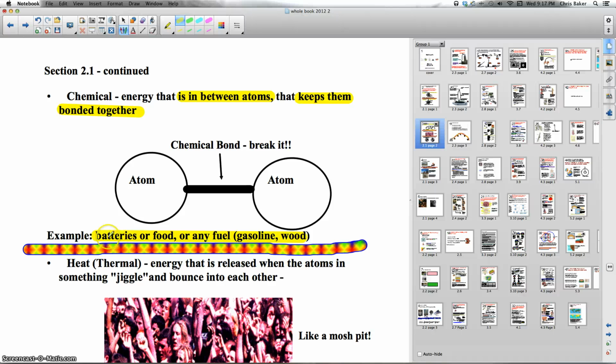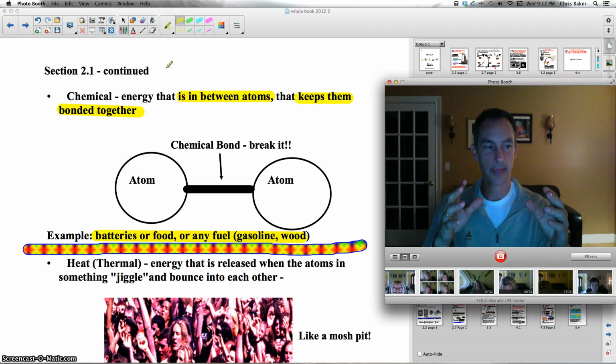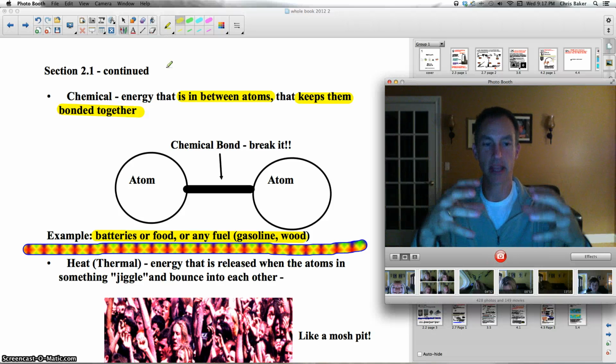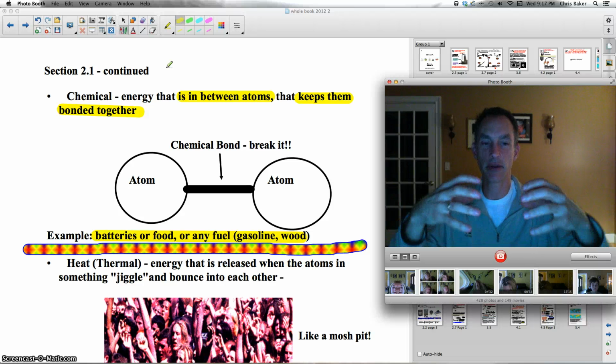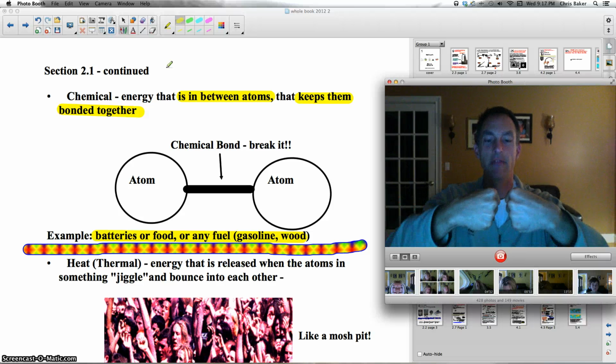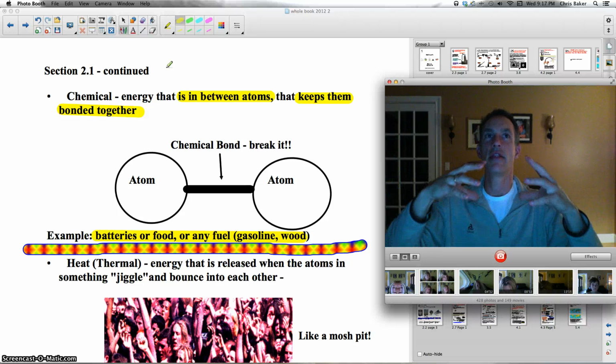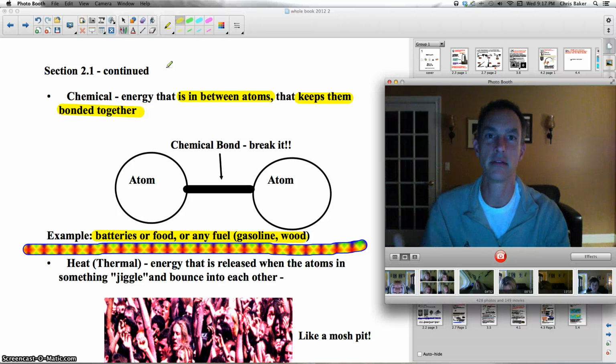And let's just take batteries for example. When a battery inside has chemicals, the chemicals are bonded together using chemical bonds. If you break those chemical bonds, you release energy that then can make something work.